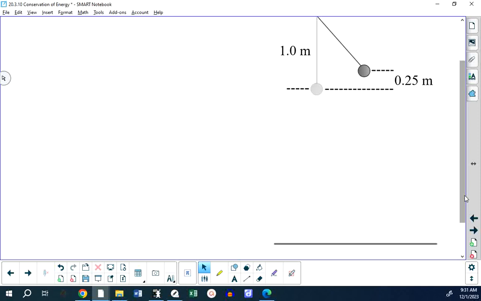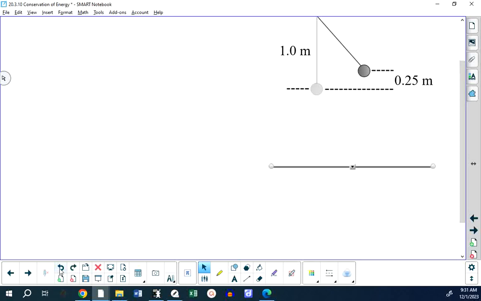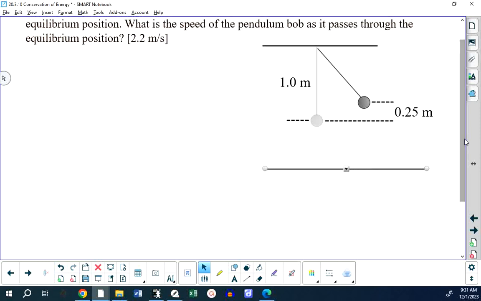I thought you said 5. Okay, it's 0.5 meters. Okay, so it's maybe a little bit closer. Doesn't really matter. So this distance is 0.5. Is that correct? Yeah. Okay.